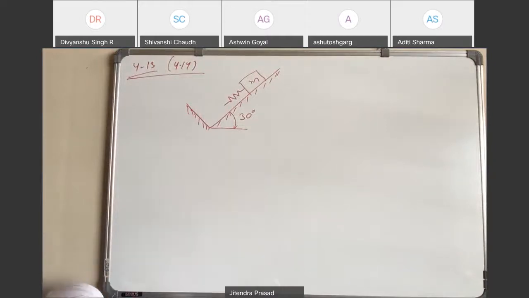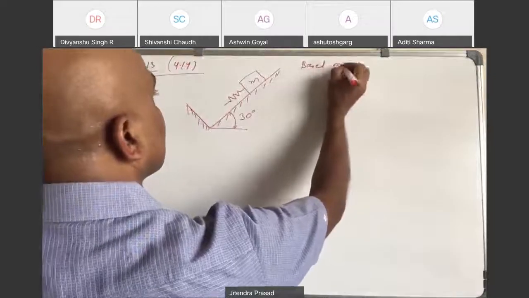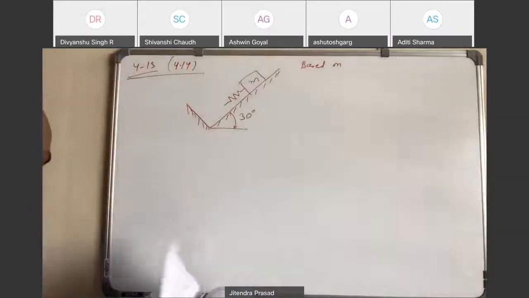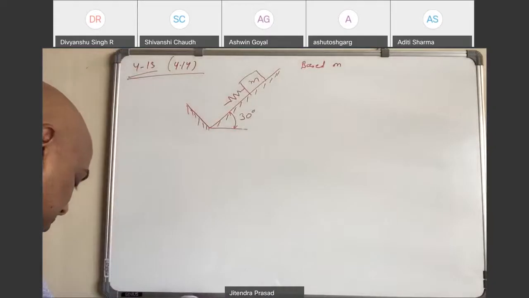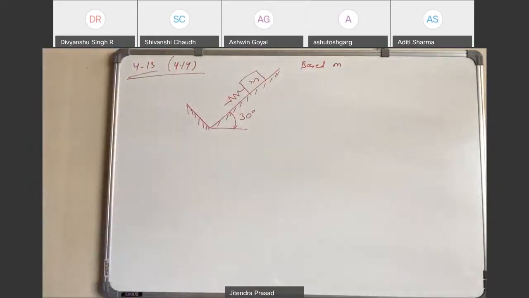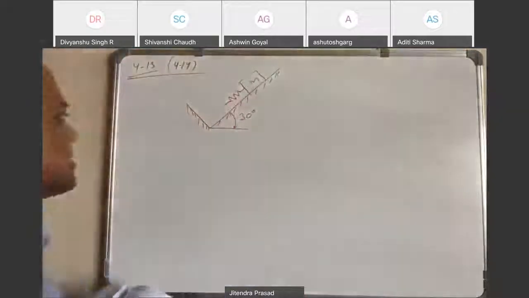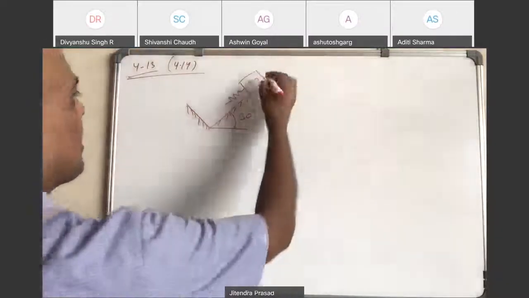Now this is based on the problem that we solved today, which was based on 4-6. It is not exactly based on that, but we'll try. Anyway, the mass is sliding.